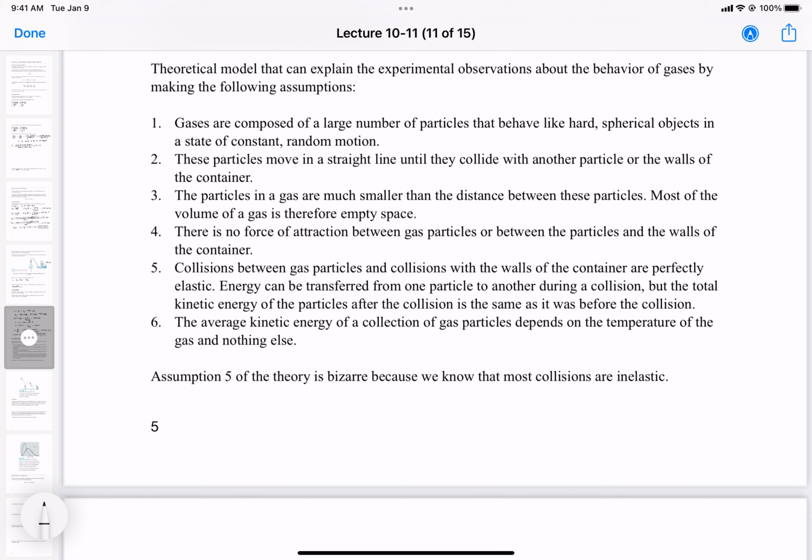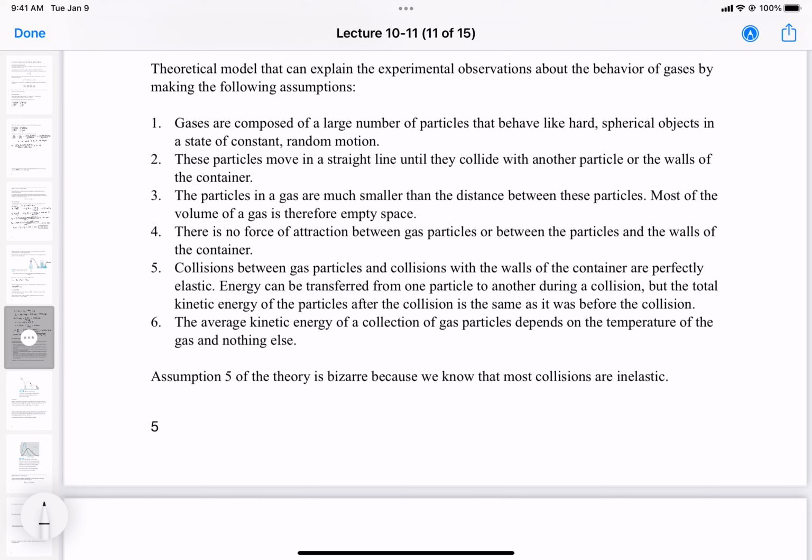So it may sound weird that kinetic energy, even though a gas particle, it should depend on the kinetic energy, but if we think about it, two particles will have the same kinetic energy. One will just move faster than the other if they have different masses. So it's kind of a balancing act here. So we say all gas particles' kinetic energies only depend on the temperature and nothing else.